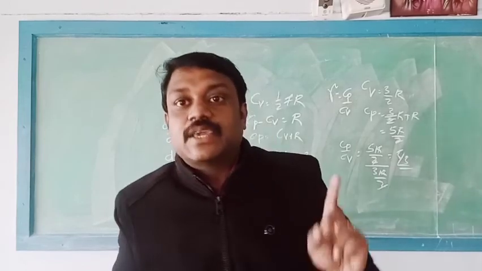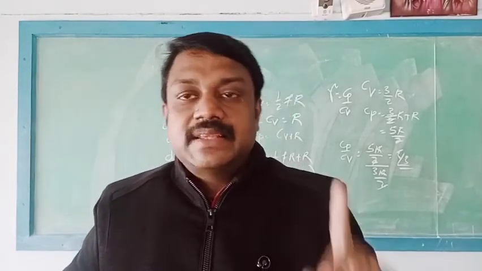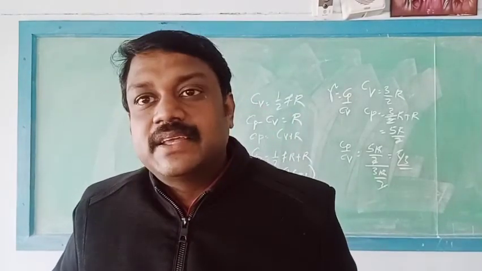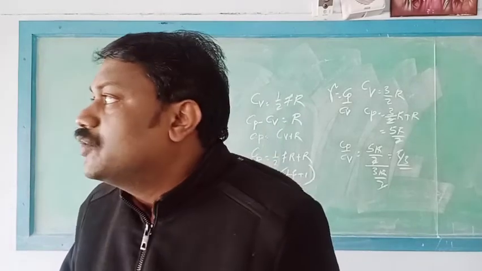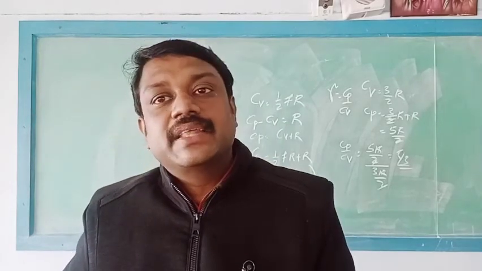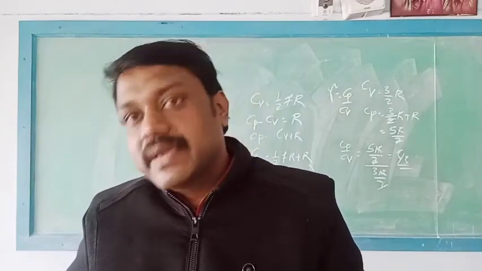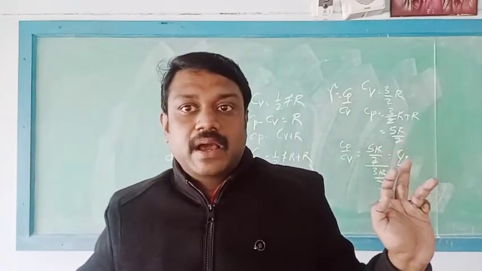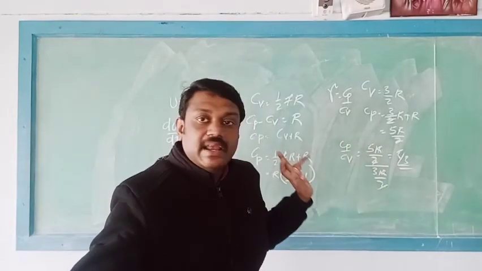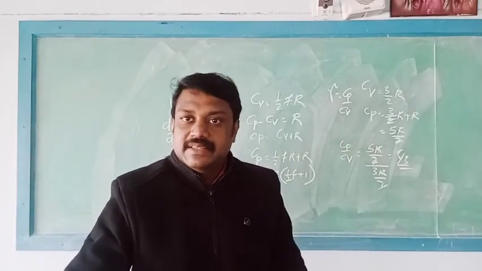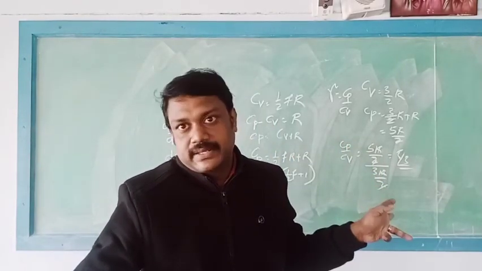So remember this equation. Sometimes in numericals, the gamma value will not be given and it is mentioned that it is a triatomic gas. So you can easily find gamma by calculating the value of Cp and Cv.